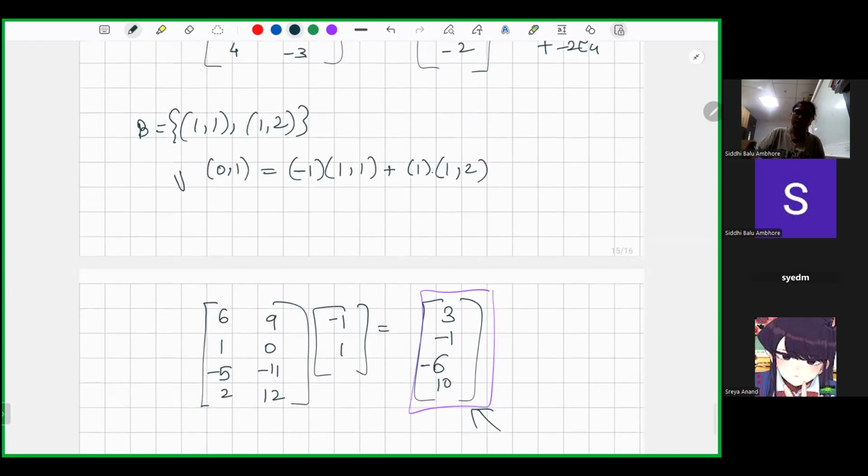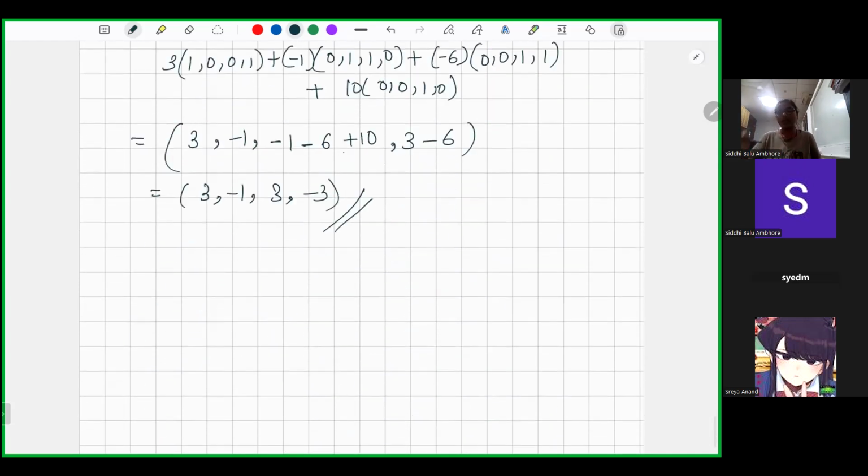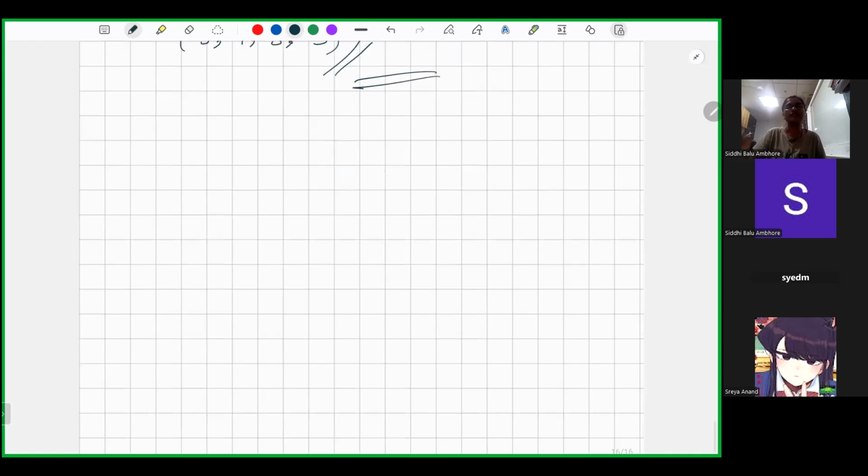For example, if this is V, this T of V is not actually T of W. It just gives me information about the coefficients in the basis of the codomain, which I have to evaluate using the basis. I hope you understood what we did here. If there are any doubts, please let me know, and if it was fast, please let me know that also.